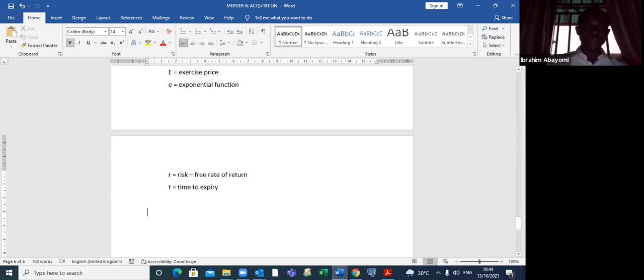Using what? Computation of put option price using put call parity.